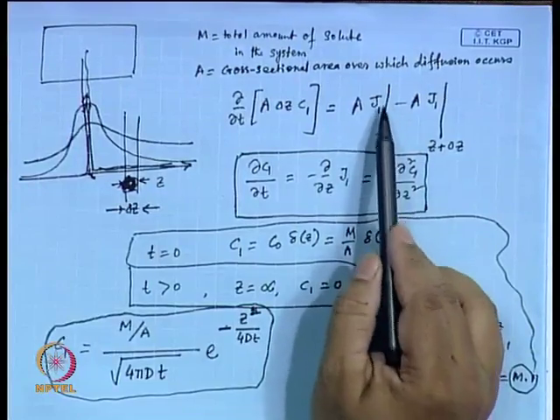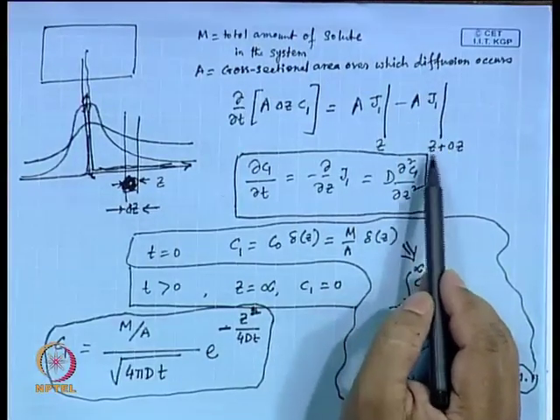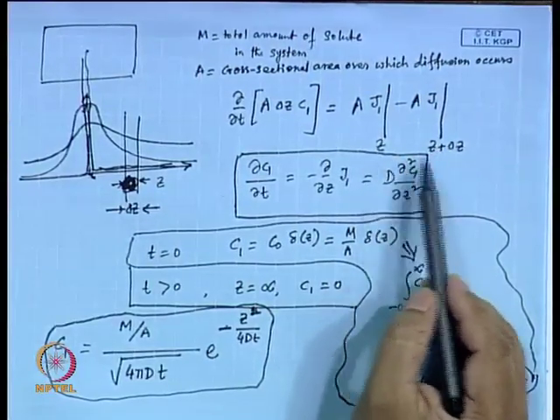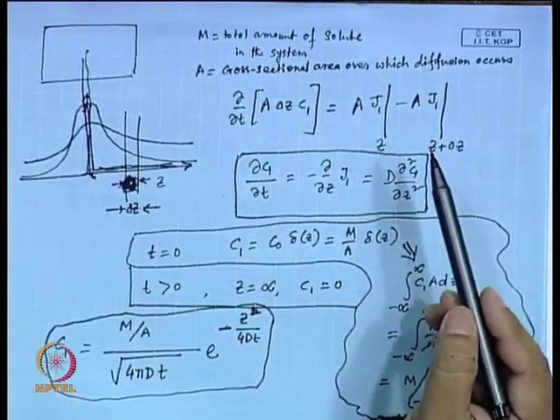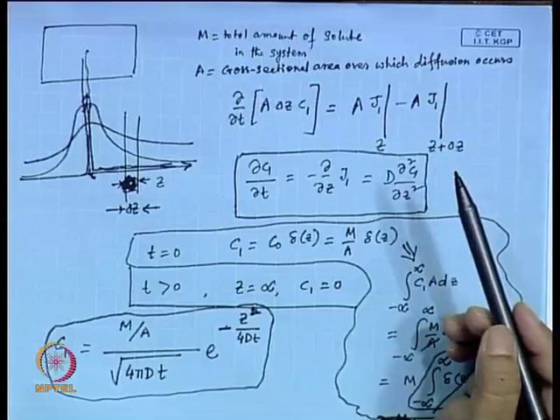Just the way we describe heat flux or energy flux, by the same method we can talk about mass flux, or molar flux, and these terms J1 at z or J1 at z plus delta z are basically that molar flux. And just the way we have for heat transfer, where flux is proportional to the temperature gradient, similarly for mass transfer, the molar flux is proportional to the concentration gradient.